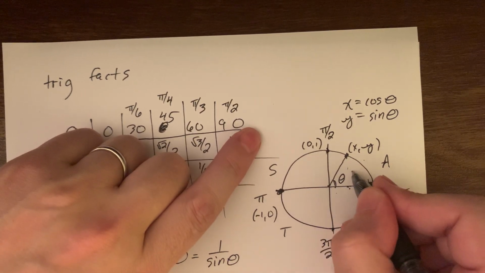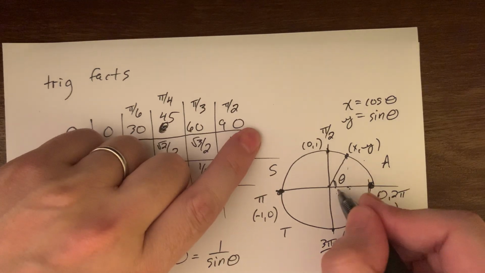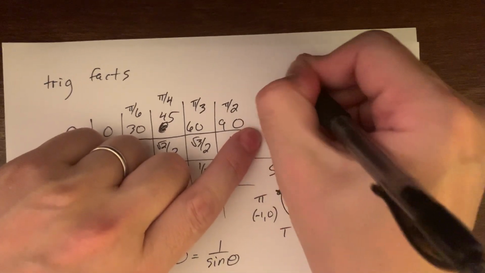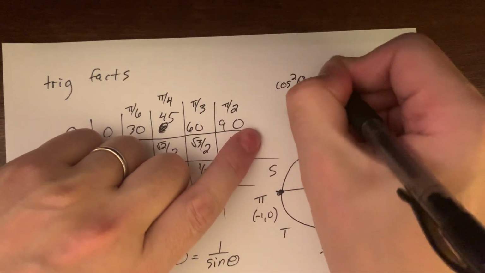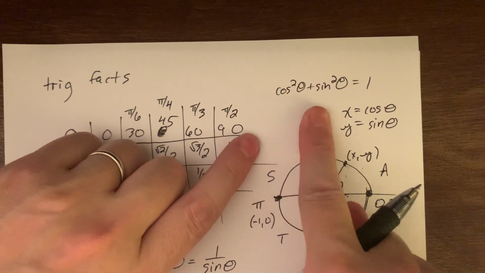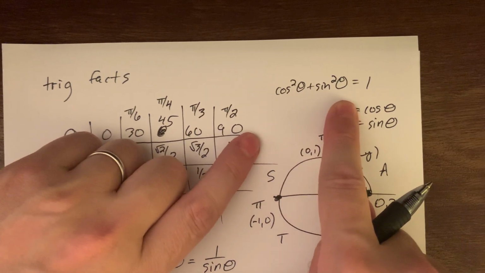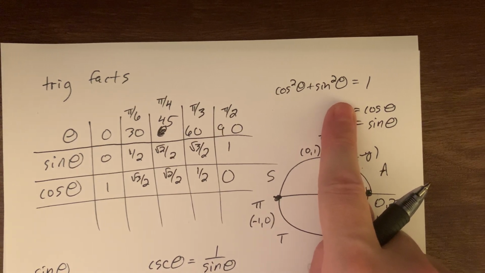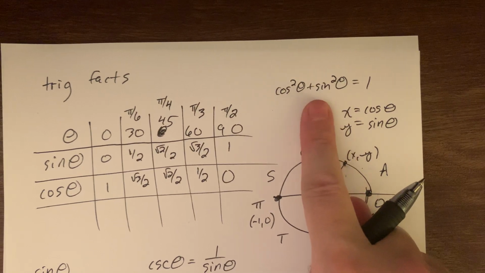So a squared plus b squared equals c squared becomes x squared plus y squared equals 1, which becomes cosine squared plus sine squared equals 1. The Pythagorean trig identity. We can manipulate this and use this in a bunch of ways. Again, it pops its head up in Calc 1 a few times, not too often. Calc 2, that gets used a real lot.